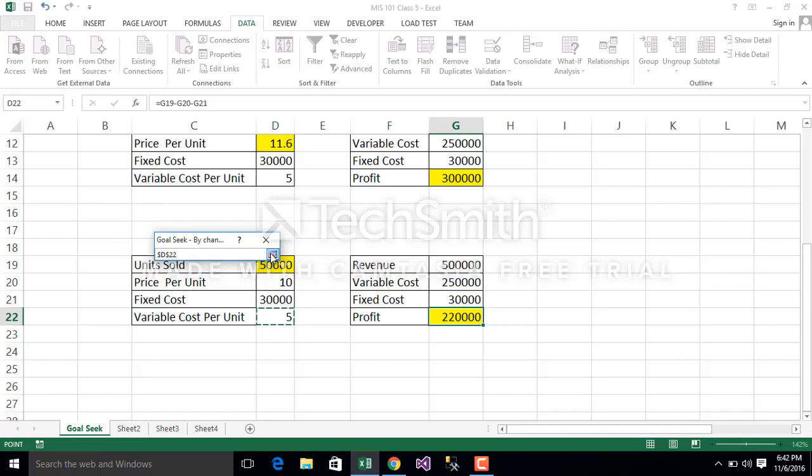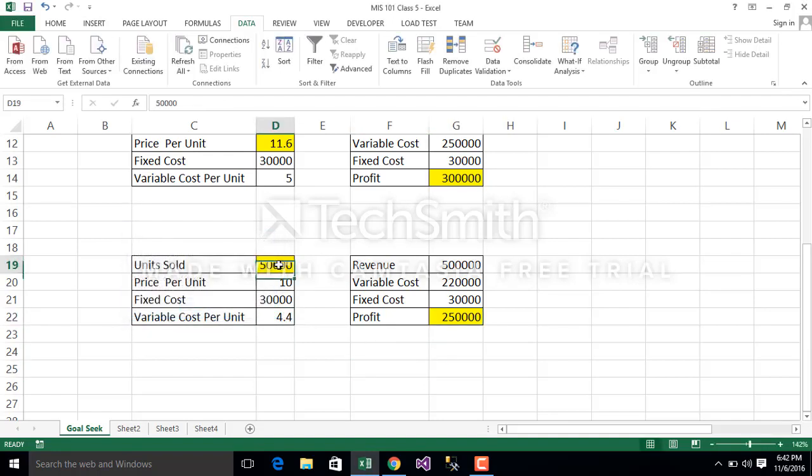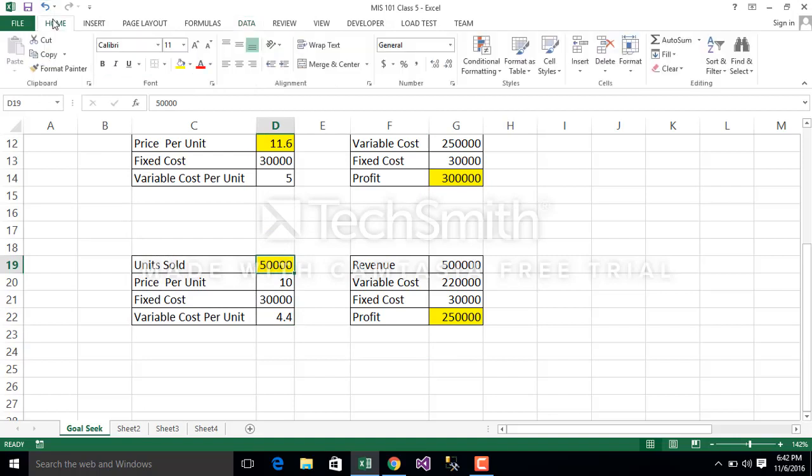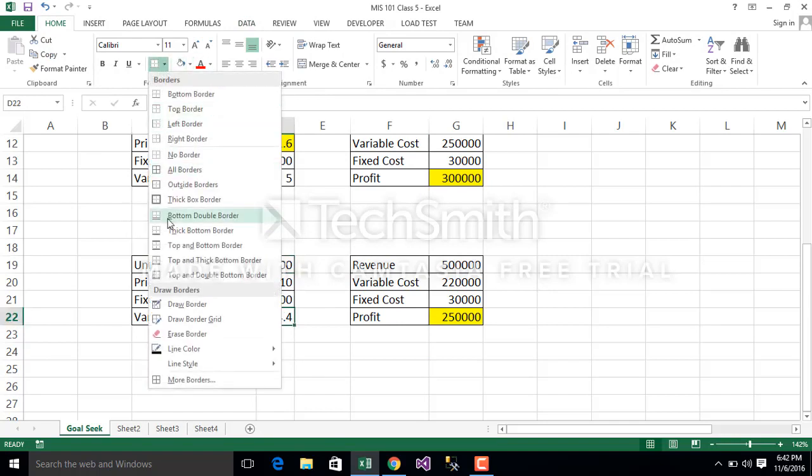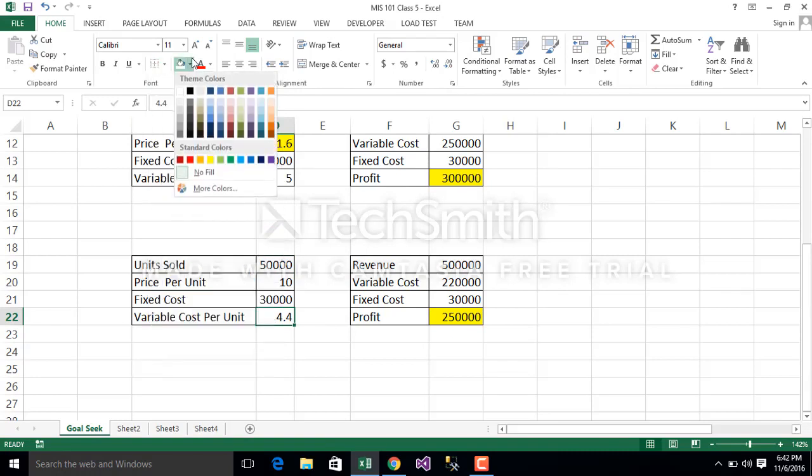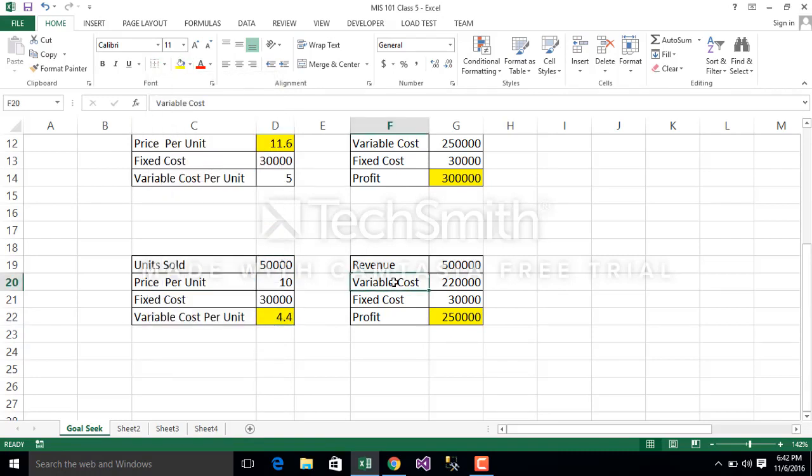Changing variable cost. If we are able to change our variable cost, then we can increase our profit up to 3 lakhs by selling the same units of product.